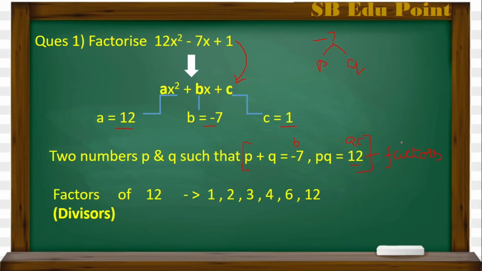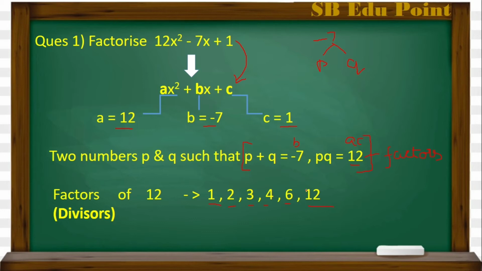You might have a question in your mind: why are we calculating the factors? It is because if the number is bigger, then you will have difficulty figuring out two numbers. If you find the factors, then it will be easier for you to get the two numbers. So we'll calculate the factors of 12, that is 1, 2, 3, 4, 6 and 12.